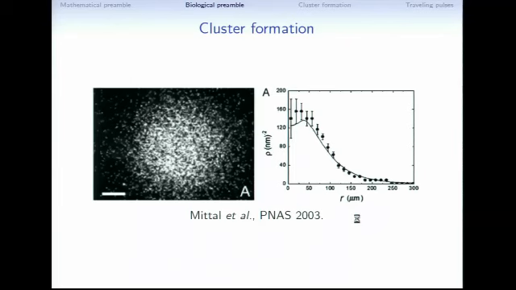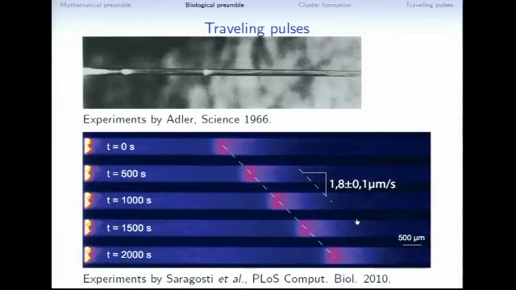And the second one is about traveling pulses, which is quite an old problem in the biological study of E. coli. It amounts to Adler in the 60s, who first observed those traveling pulses. And this is maybe more convincing.